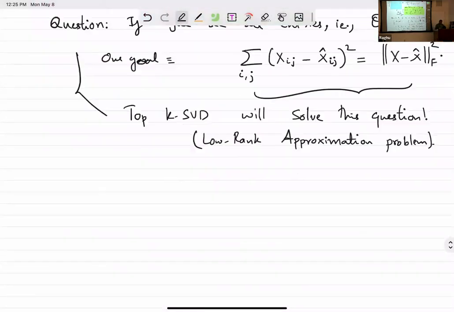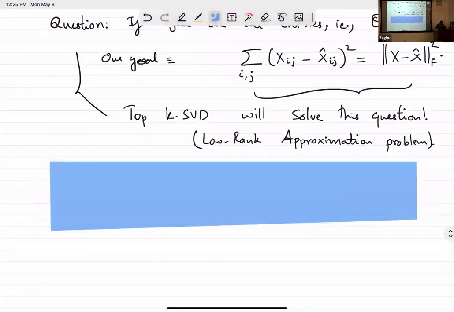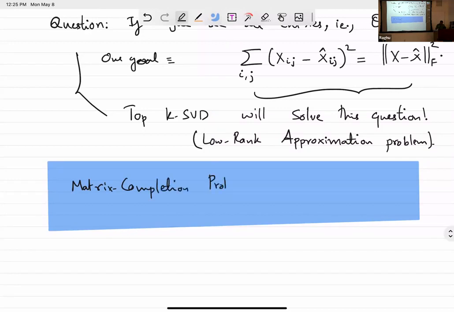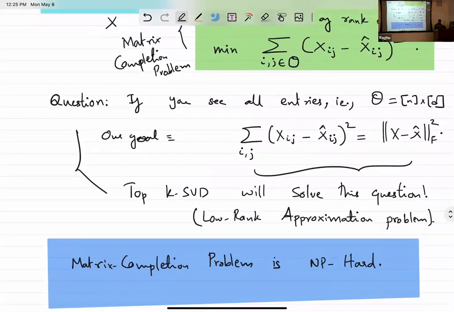And there's a theorem that the matrix completion problem is NP-hard. So with the Frobenius norm, we get lucky, you can solve it simply with SVD. But if some entries go missing, then it becomes an NP-hard problem.